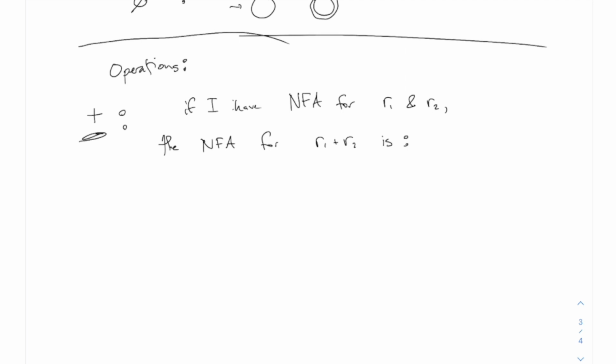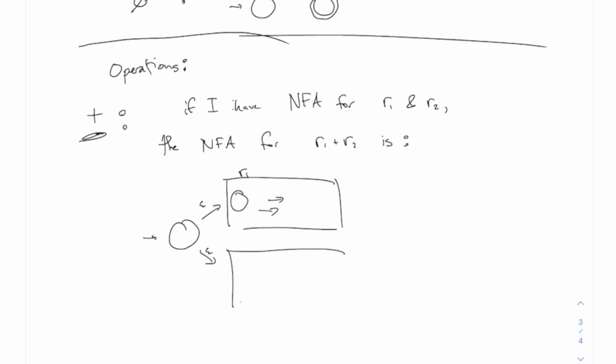Yes, something like this. You want the branching path thing. So it looks like this. I start here, I do 2 epsilons, and then those epsilons send you into the starting state of some NFA over here, for R1. So I'll just label that with R1.